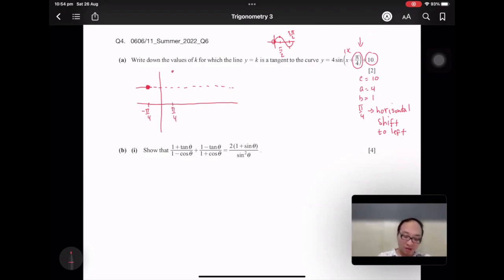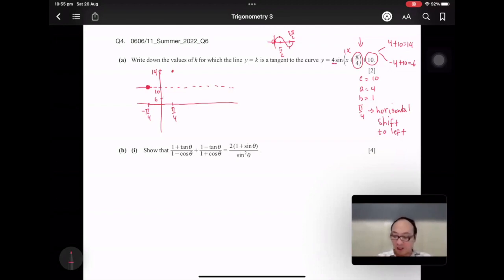So maximum here. What is the maximum value? The amplitude is 4. So from 10, this is 10 plus 4, so this is 14. The maximum will be 4 plus 10 equals 14. And the minimum will be negative 4 plus 10 equals 6.